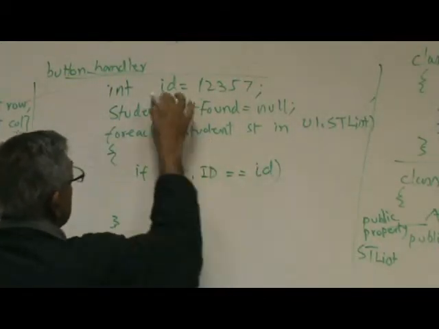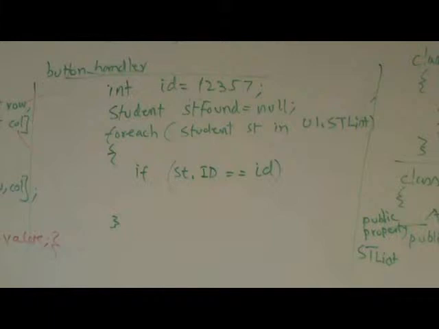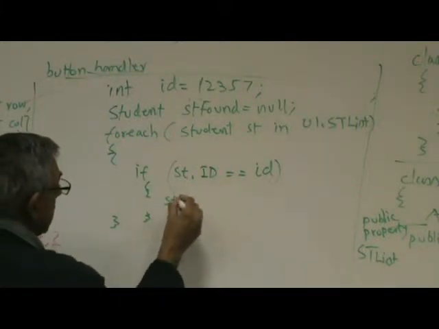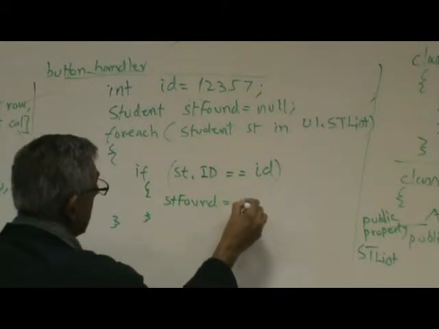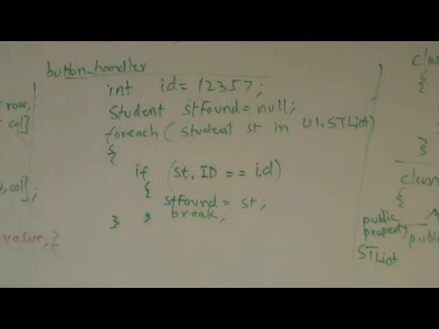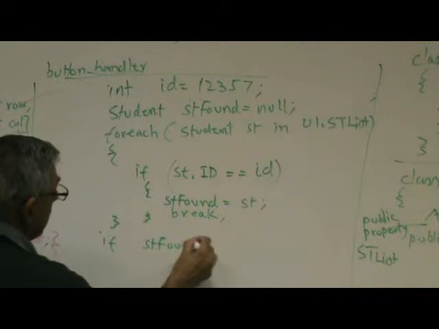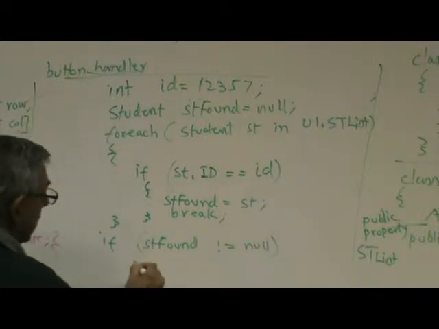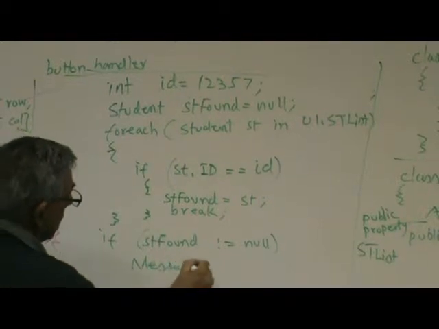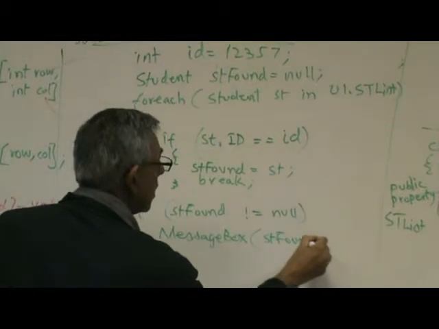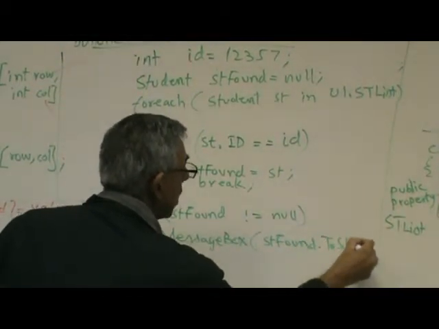So this is the ID that we are searching for, right? Then we will say stFound equal to st and break out of the loop, right? So this will be our typical code. And then we will check if stFound not equal to null, and then display the student information, so stFound.ToString.